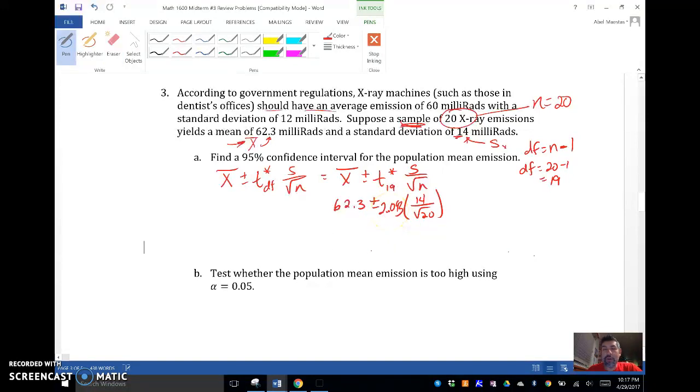2.093. Okay, so then we put that in the calculator and calculate that out. And we're going to get 55.75 and 68.85. So now we want to interpret that. We always want to interpret it.